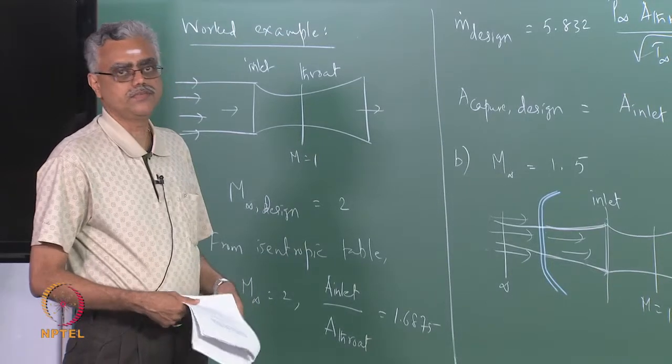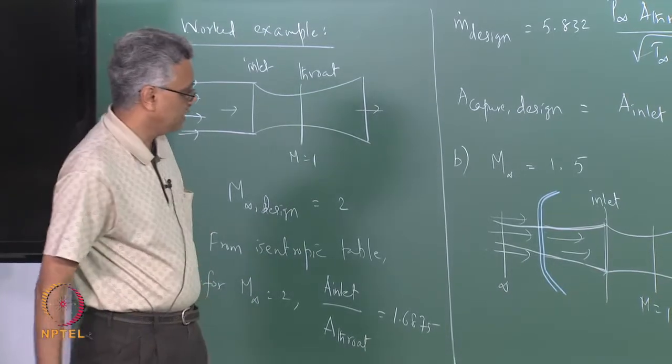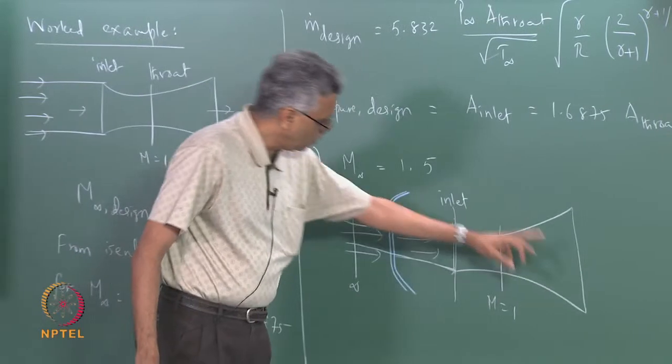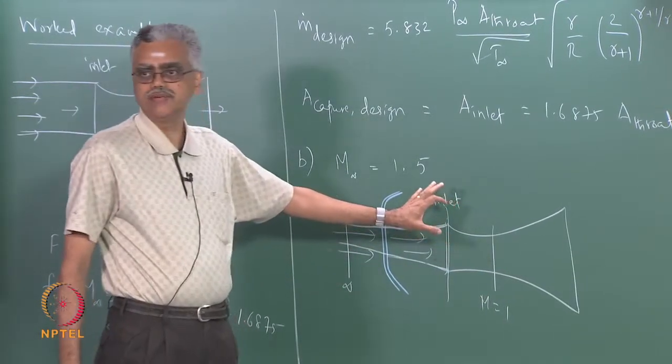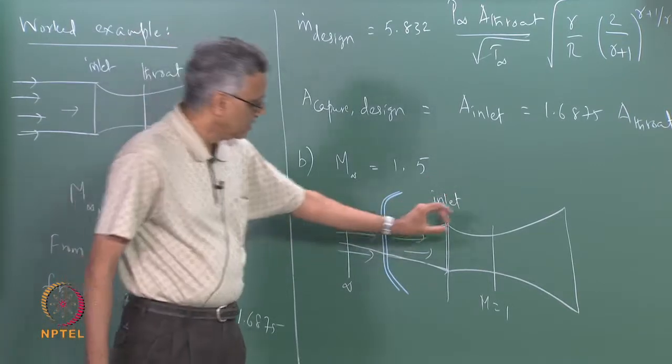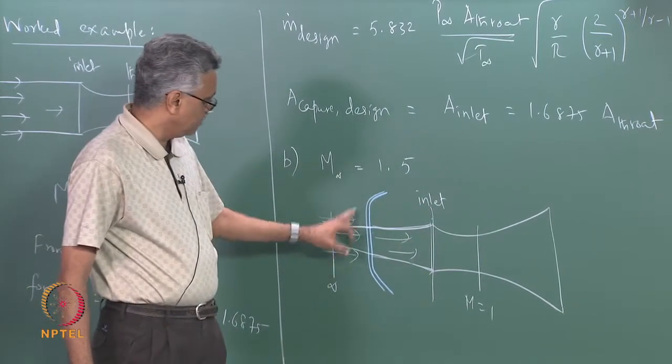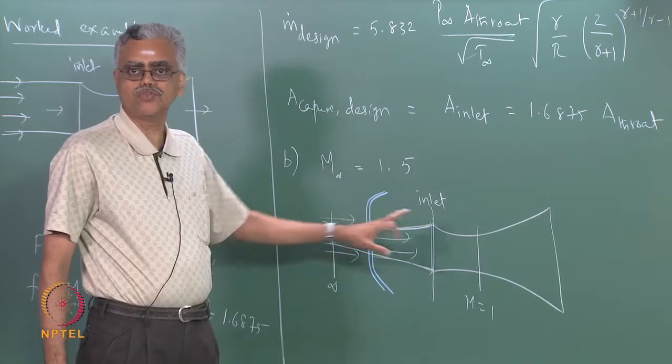The next thing that we are going to do is to see whether even in this off design operating condition, if I increase the throat area like we discussed yesterday in the previous class, can I make the shock disappear so that I have a shock free operation.